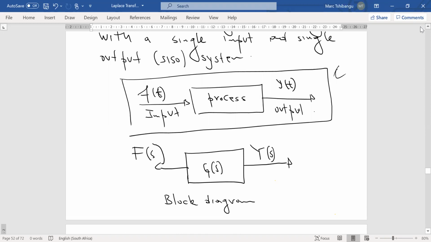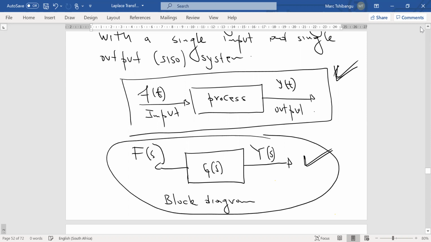A process model is represented in the t domain, whereas the transfer function of a process is represented in the s domain, hence the difference between these two. This representation is referred to as a block diagram. So if I ask you to sketch a block diagram of a process, I want you to do it in the s domain, not in the t domain.